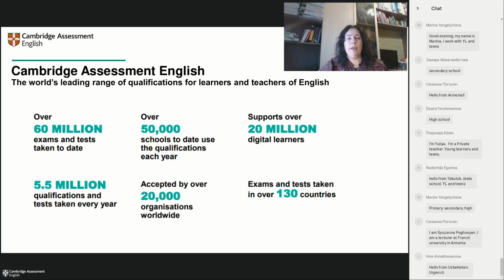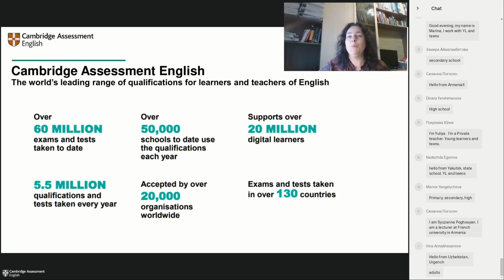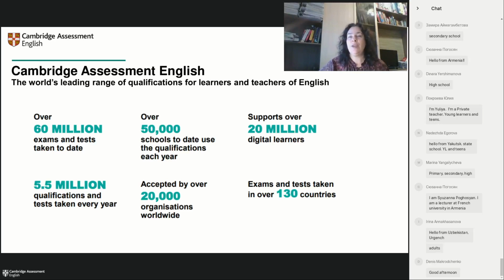So many people take different tests throughout the year, right? Worldwide, organizations and different educational establishments accept certificates and accept people who can demonstrate deep understanding of the principles of teaching.